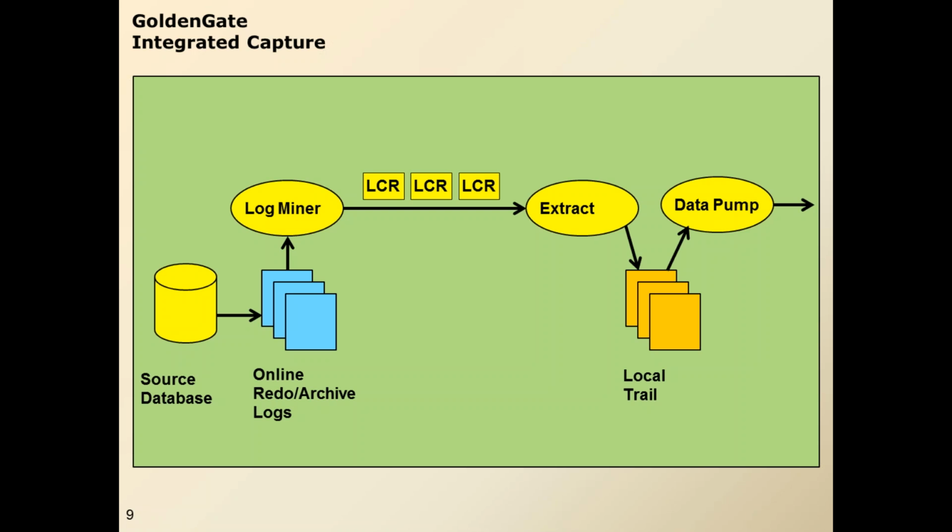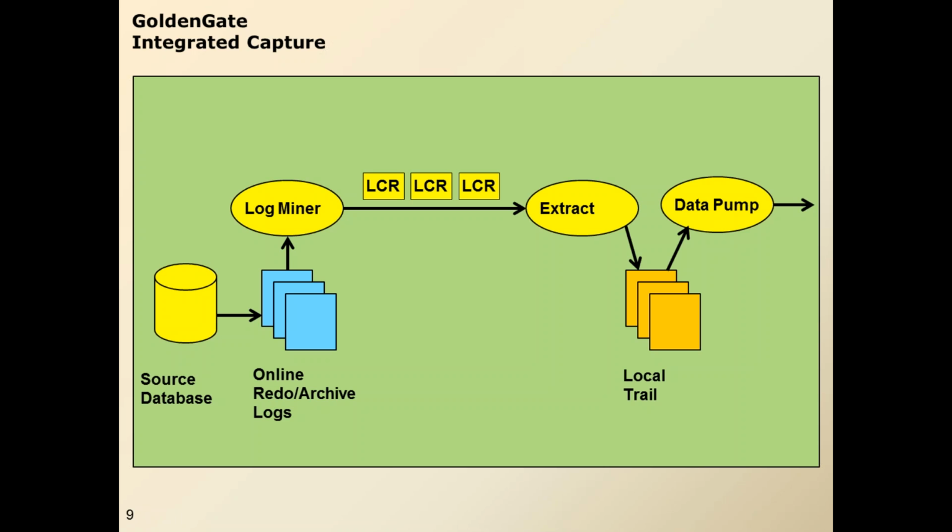So now in this scenario, extract is not interacting directly with the redo logs or archive logs of the database. It is not interacting with them at all. You have a utility, log miner, in between the redo logs and the extract process.